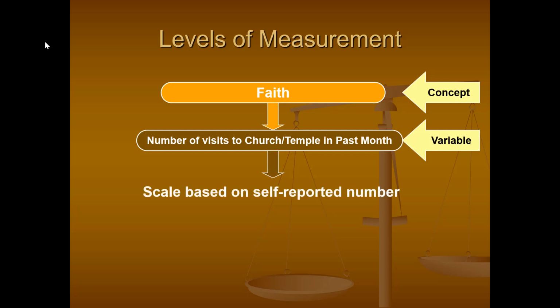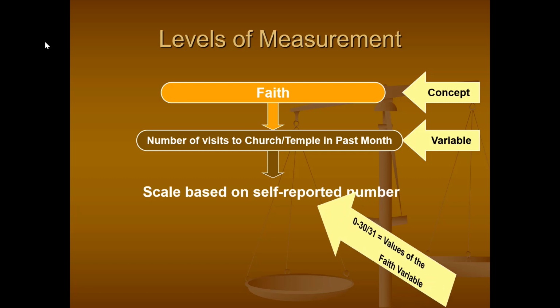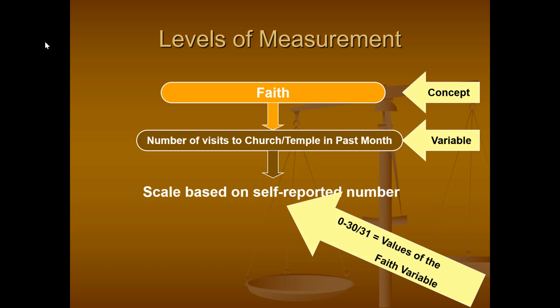This could be some sort of scale based on self-reported numbers. And as we talked about back then, the 0 to 30 or 31, depending on the month we're asking, are the values of the faith variable.